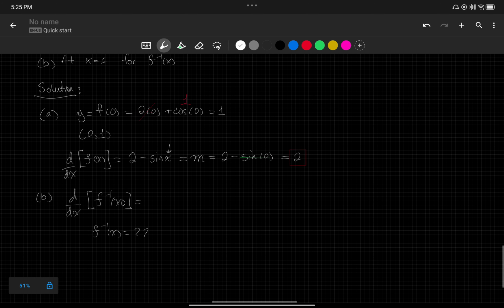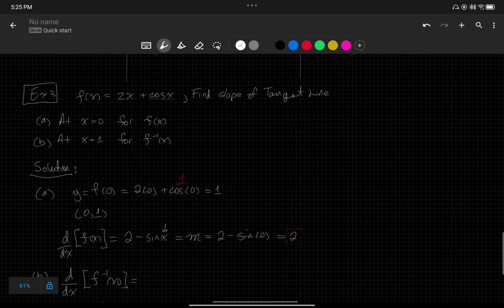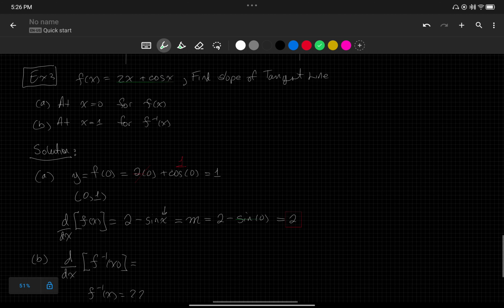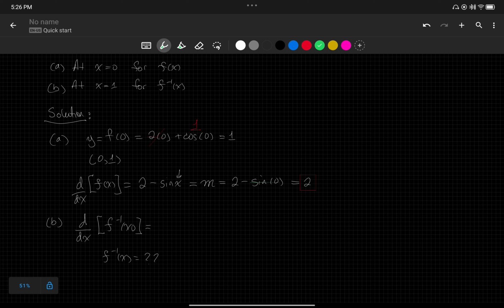So let's go back, and if you look at the original, so this guy right here, 2x plus cosine of x, if you want to find the inverse of it, then you have to talk about arc cosine. Let's try to avoid it. What do we know about it? Well, if they're the inverse, it's going to have reciprocal slopes at reflected points. All right. So what is the reflected point?